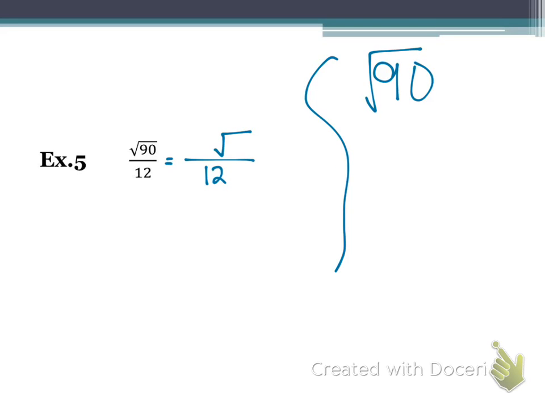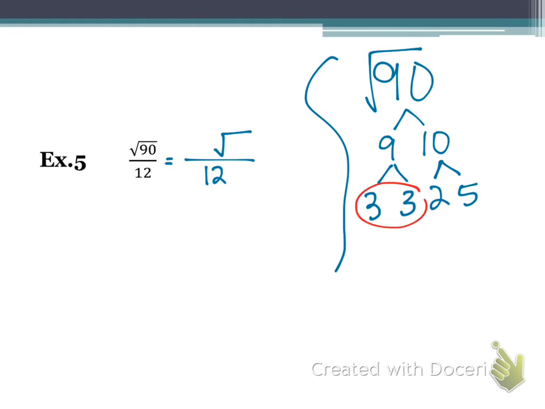All right, if you're still working on this, that's fine. We're just going to keep it moving. On the square root of 90, what did we break 90 into? I like 9 and 10. What do we break 9 into? 3 and 3. What about 10? What do we like here? A pair of 3's. What's alone?